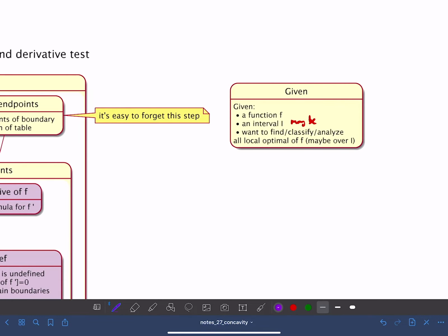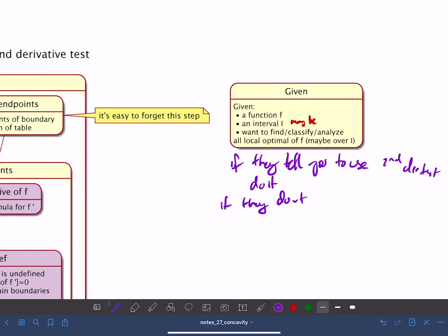If they tell you to use the second derivative test, do it, right? And if they don't specify which test to use, it's up to you, because you could also use the first derivative test.